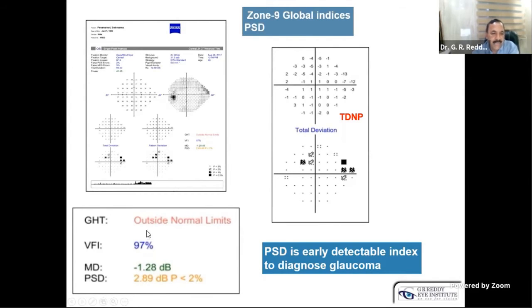So we developed another index to pick up early localized scotoma not appreciated in the mean deviation index. The GHT is also outside normal. That is why GHT and PSD are included in Anderson's criteria. The mean deviation index is not included in Anderson's criteria.